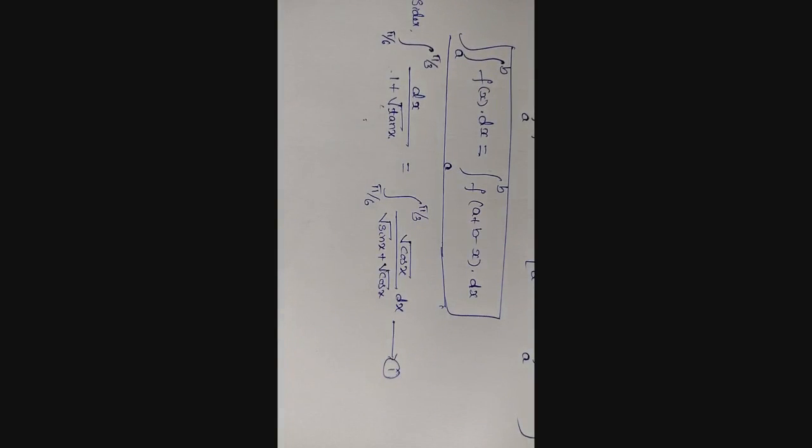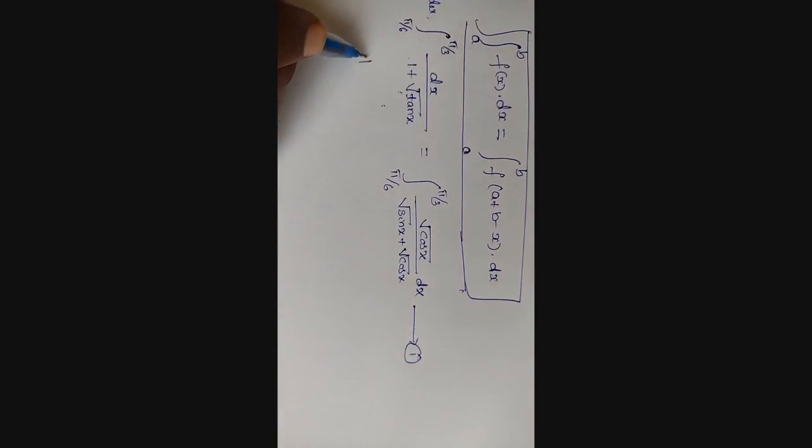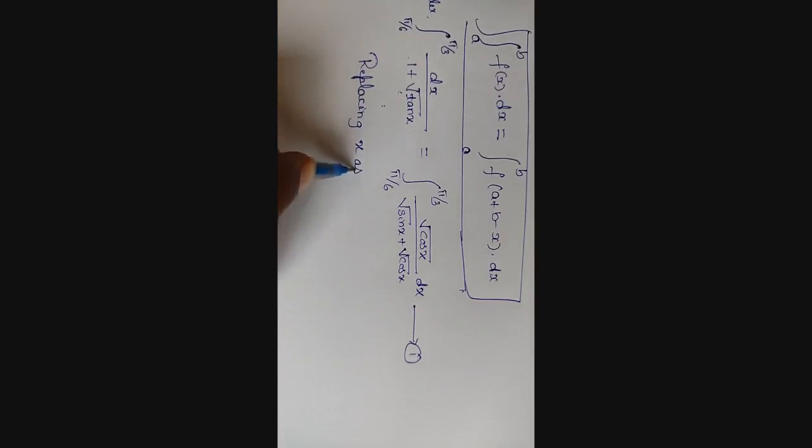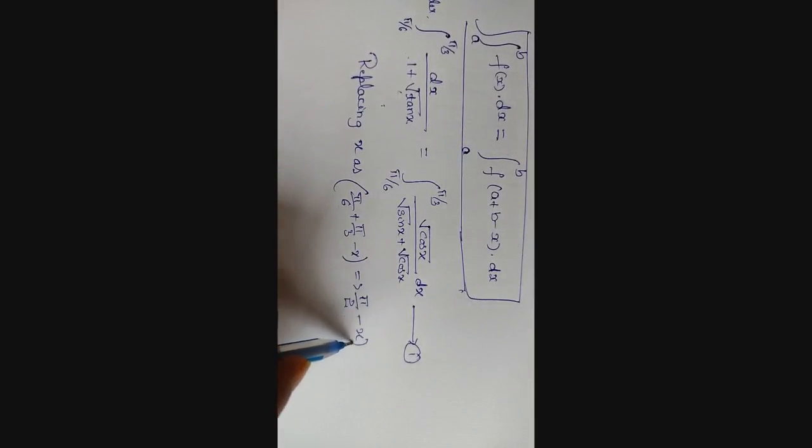Clear? After that, replacing x as pi by 6 plus pi by 3 minus x, which implies pi by 3 plus pi by 6, meaning pi by 2 minus x. Clear?